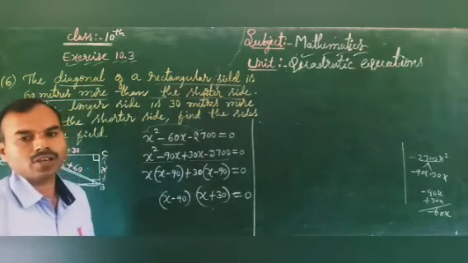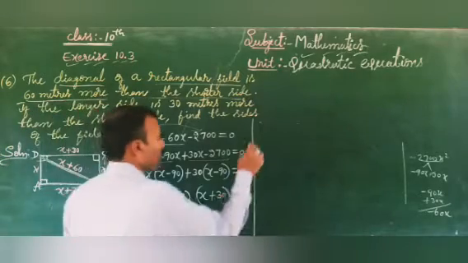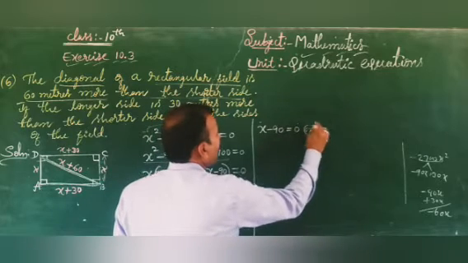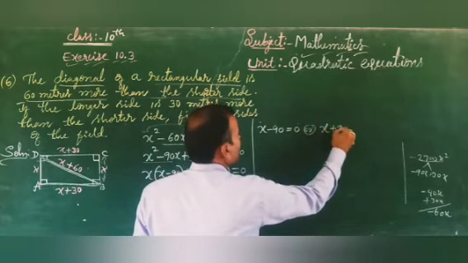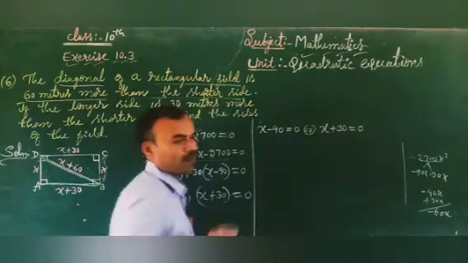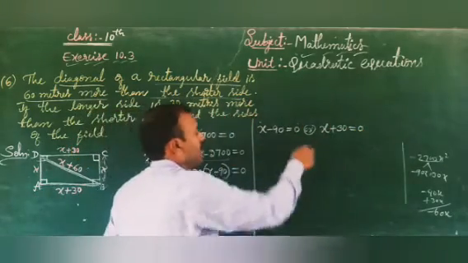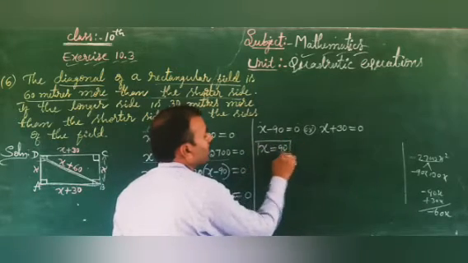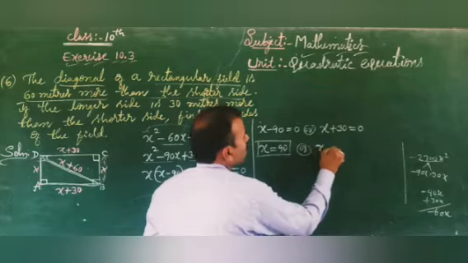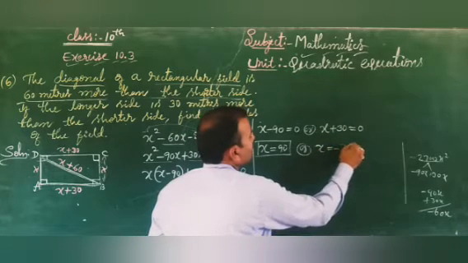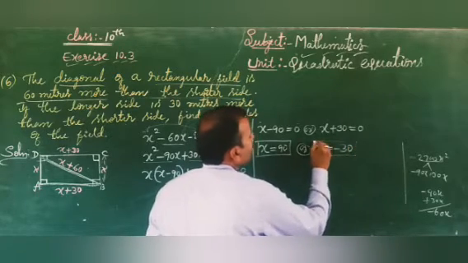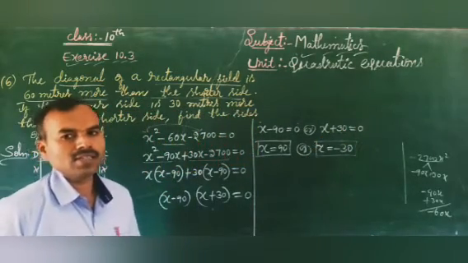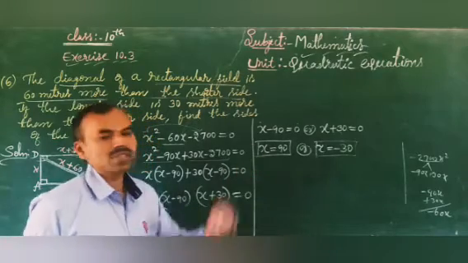Each term equals 0. x minus 90 is equal to 0, or x plus 30 is equal to 0. Transposing minus 90 to the RHS, x equals 90, or x equals minus 30. Here we consider only the positive value.